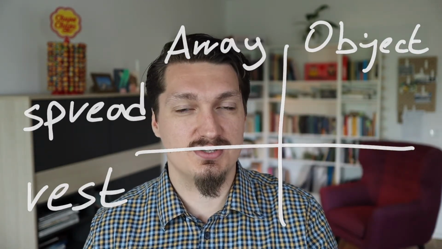Object spread. So this is something that is really new and it can be confusing. However, as I said, I believe it's been used before, and in React community, I think it's even in the tutorials now. So what it does, it takes an object and it copies its iterable properties into a new object.